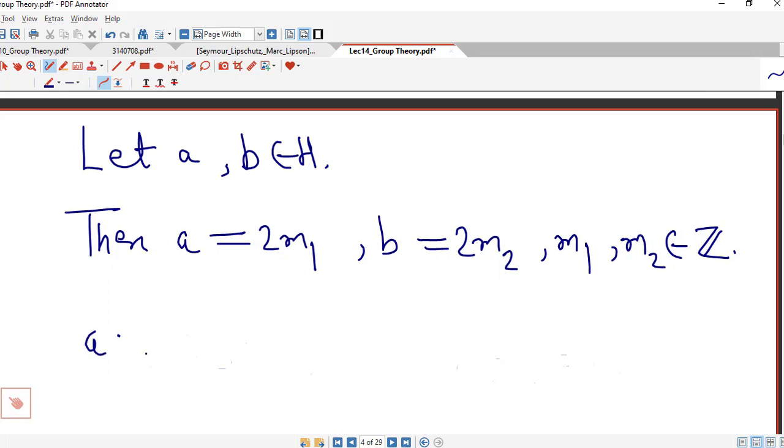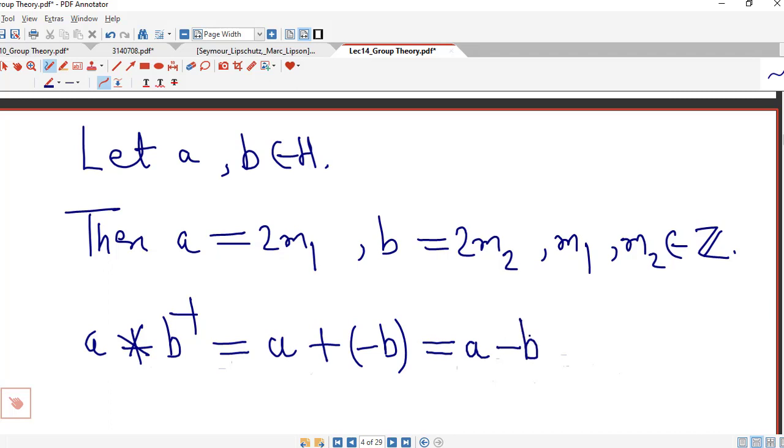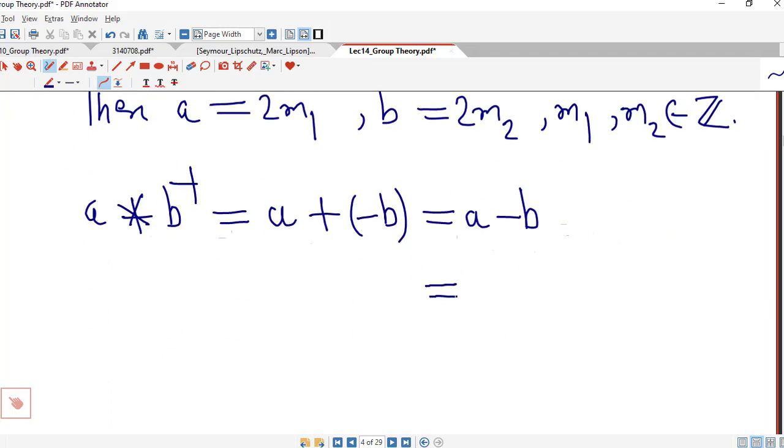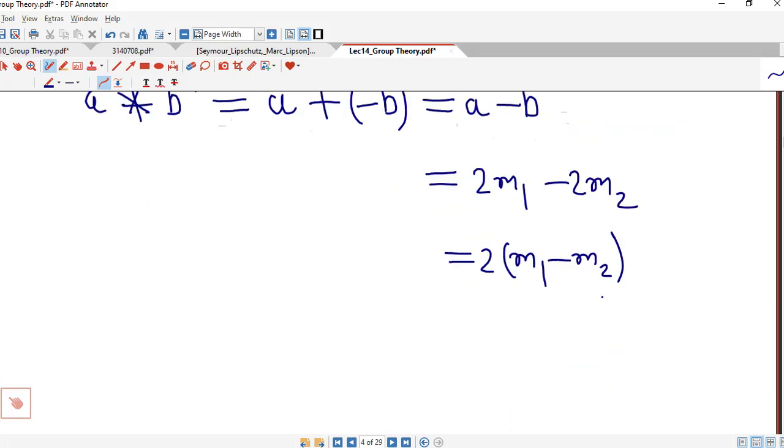We can write it this way also: a star b inverse equals, here star is the addition operation, b inverse is minus b. This we can rewrite as a minus b, and this is equal to 2m1 minus 2m2, that we can rewrite as 2 times m1 minus m2, and this is nothing but 2 times m, where m equals m1 minus m2, which is also an integer.